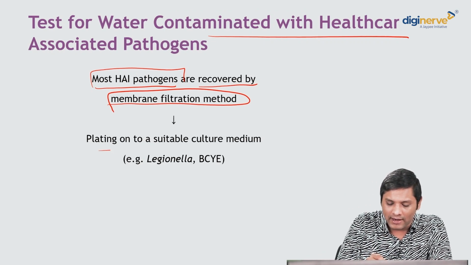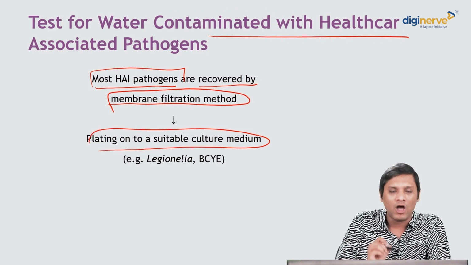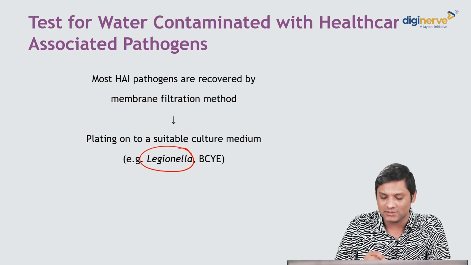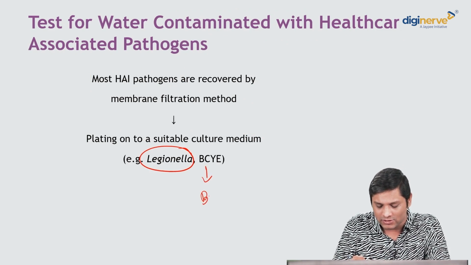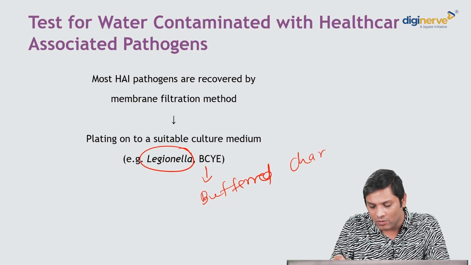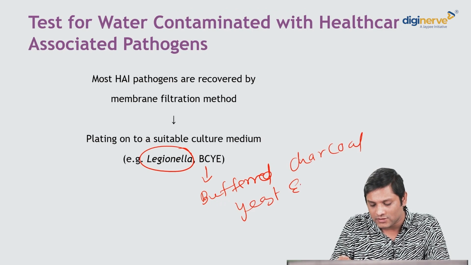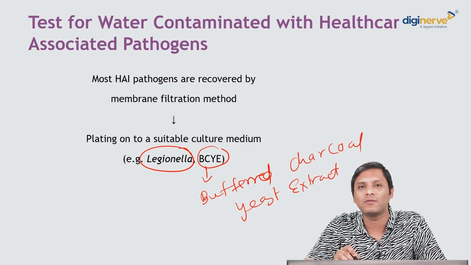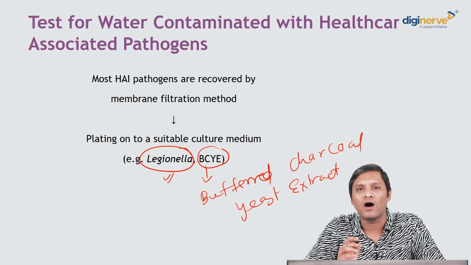After that, you have to plate in suitable culture medium. For example, if you want to recover Legionella species, then the culture medium used is called buffered charcoal yeast extract. Buffered charcoal yeast extract or BCYE medium is the recommended medium for the recovery of Legionella.